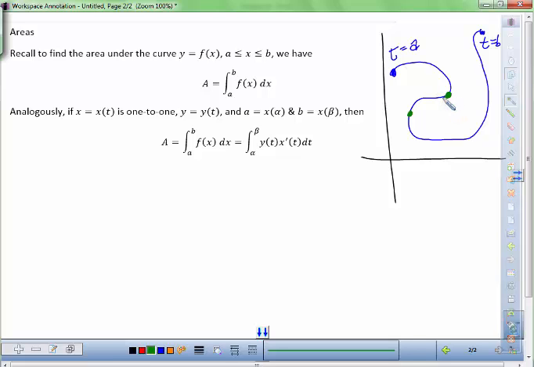So instead of focusing on that whole curve, maybe we'll just take this piece of the curve over here.